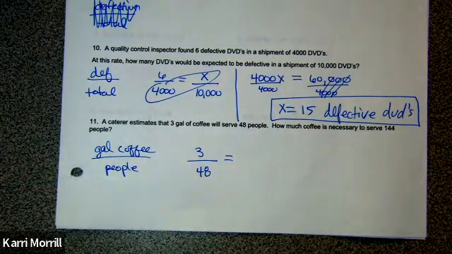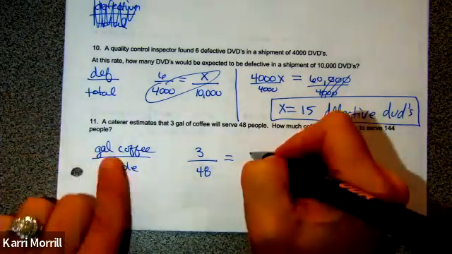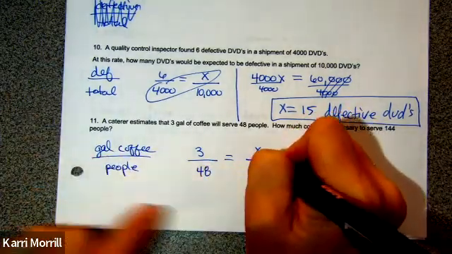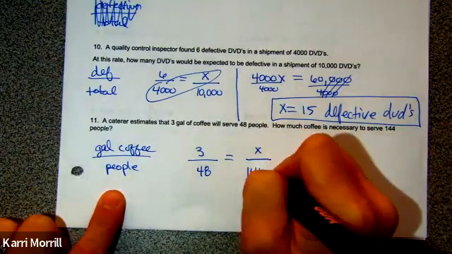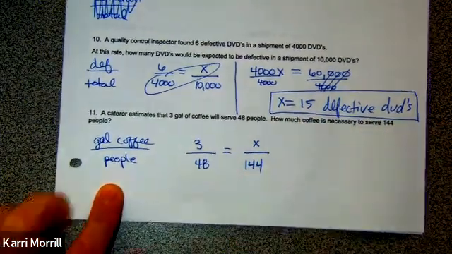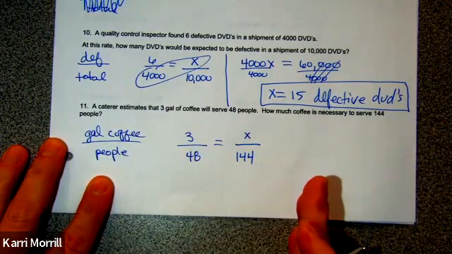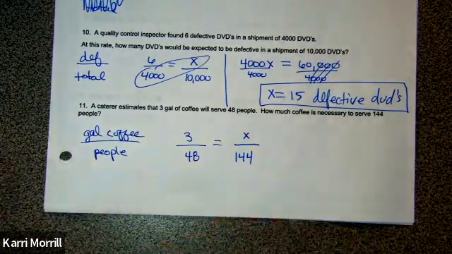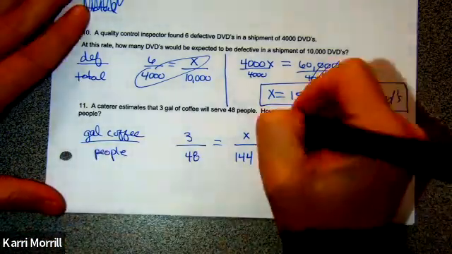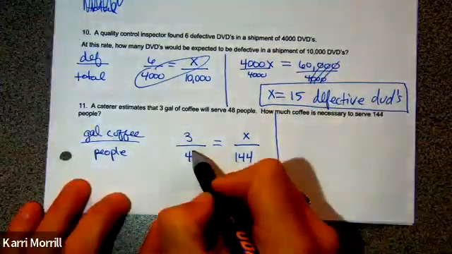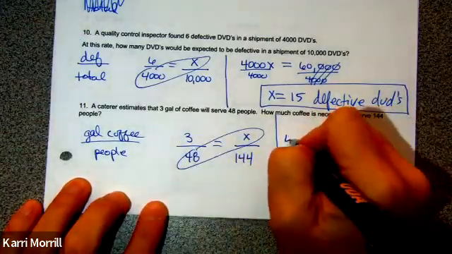Fraction. How much coffee? So coffee's in the top. Do I need to serve 144 people? So isn't that easy? Solving those equations makes it way easier, compared to other methods that you may learn, but this is a lot easier in many ways, as long as you can identify units.